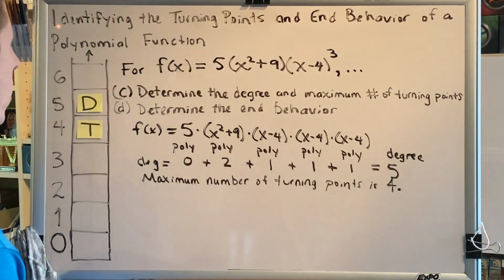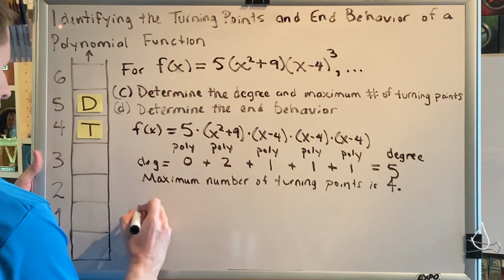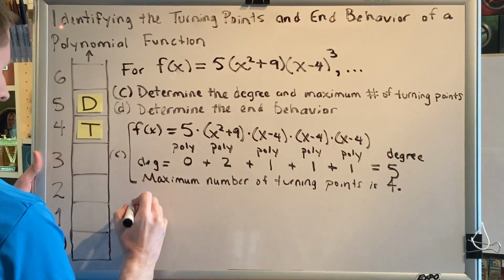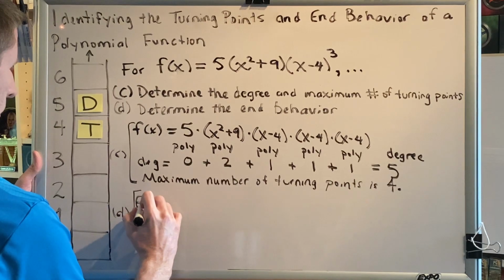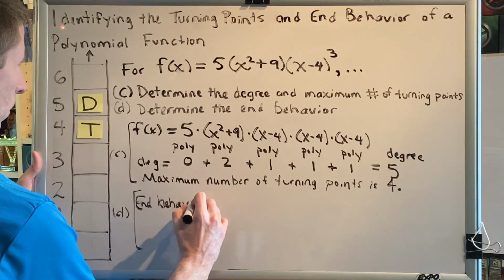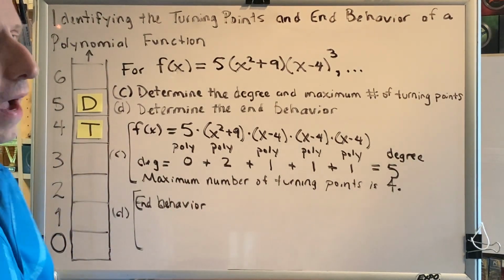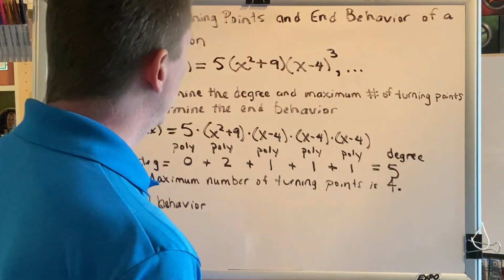Okay, this moves us on to part D, determine the end behavior. End behavior can be calculated in two ways, and it depends on the form of the polynomial.